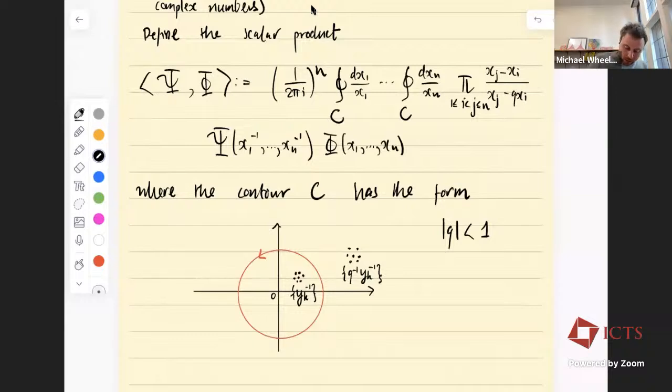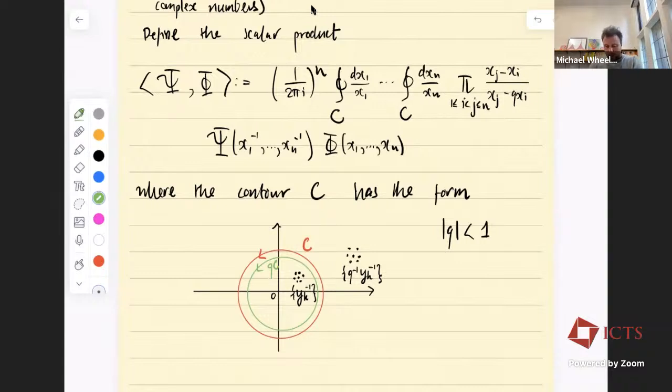And so this is C. Then the image of C under multiplication by q, you can think of as a contour like this that lives inside of the original one. Okay, so that's a contour.